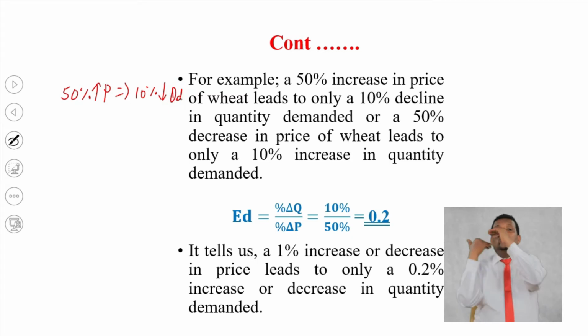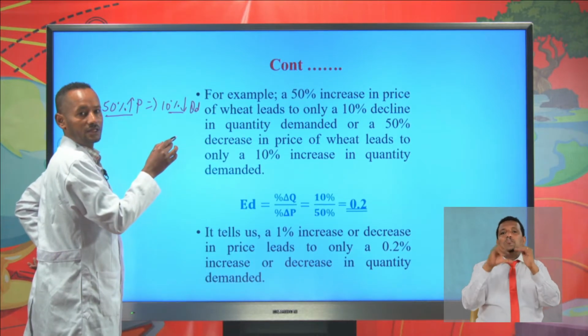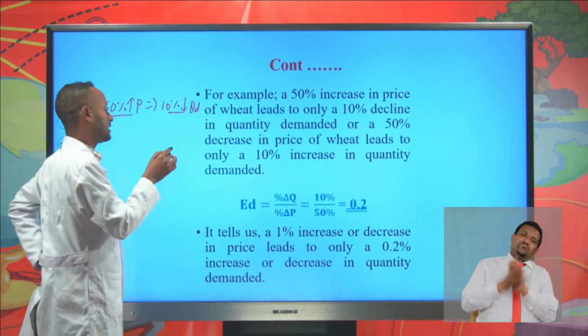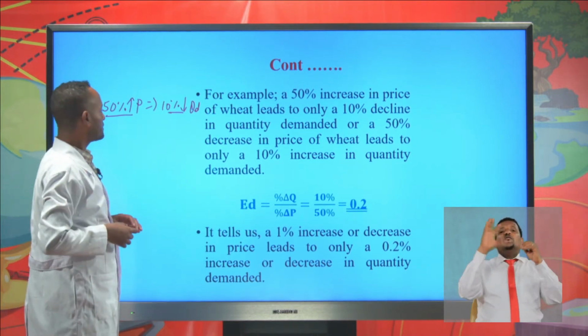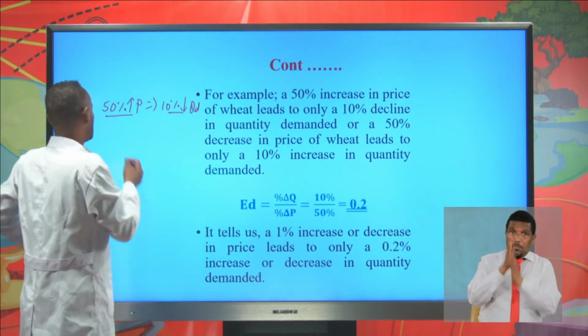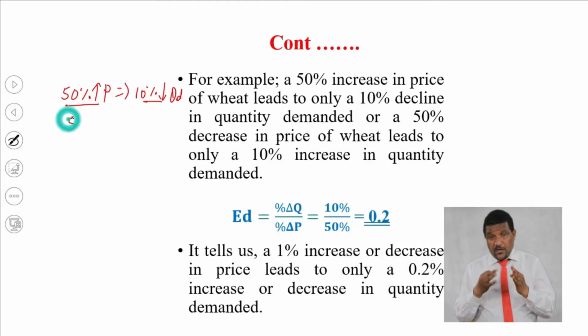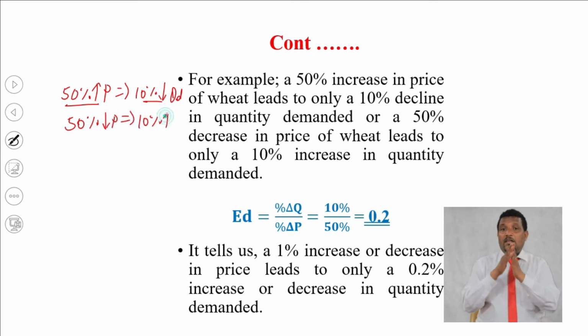That means the increment in price is too large, but the decrement in quantity demanded is too small. The buyer is careless to changes in price, and the buyer is said to be inelastic. It means if there is a decline in price by 50%, then the corresponding quantity demanded will increase only by 10%. In this case, the buyer is said to be inelastic.